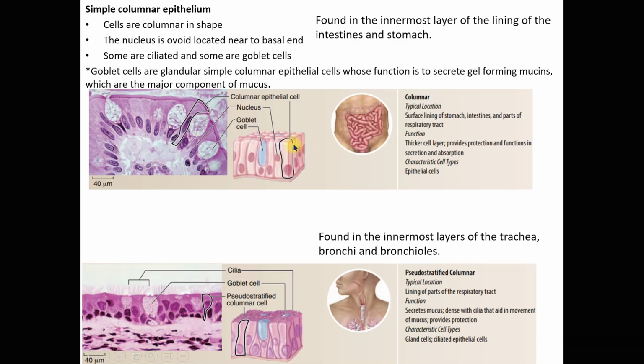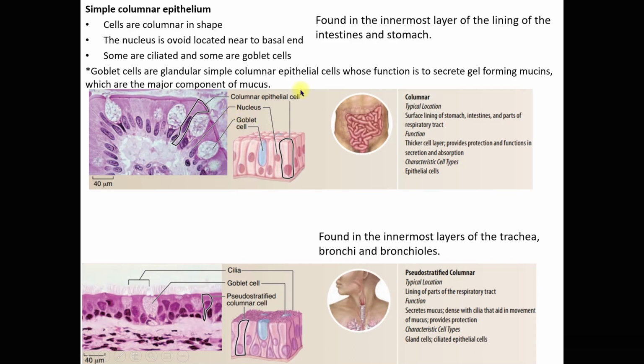These goblet cells are glandular, simple columnar epithelial cells whose function is to secrete gel-forming mucins, which are the major component of mucus. So this goblet cell secretes mucin, and this mucin is needed to synthesize mucus. Mucus is lendir in Malay.